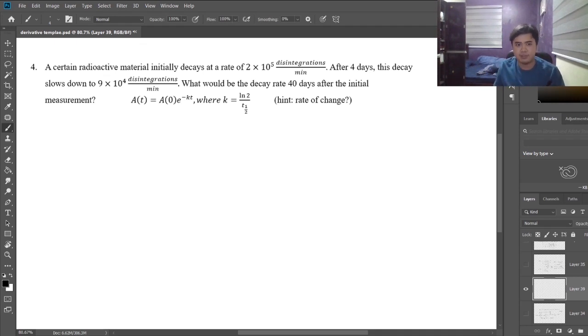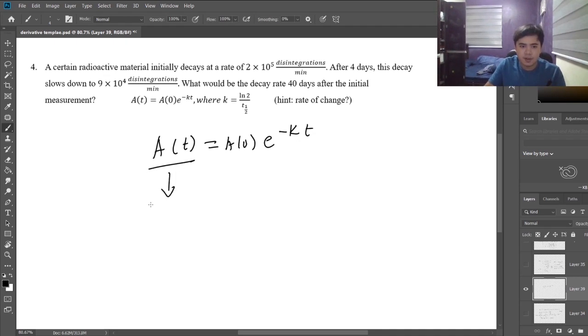This formula, A of t is equal to A of 0 e to the negative kt. So let's examine the formula first. The A of t is mass, so A of 0 should also be mass, since it is just when t is equal to 0.